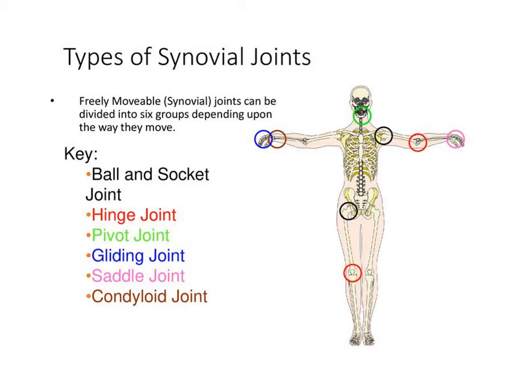As I just mentioned, they are six, and synovial joints fall under freely movable joints, which can be divided into six groups depending on the way they move. The six types are: one, ball and socket joint; two, hinge joint; three, pivot joint; four, gliding joint; five, saddle joint; and six, condyloid joint.